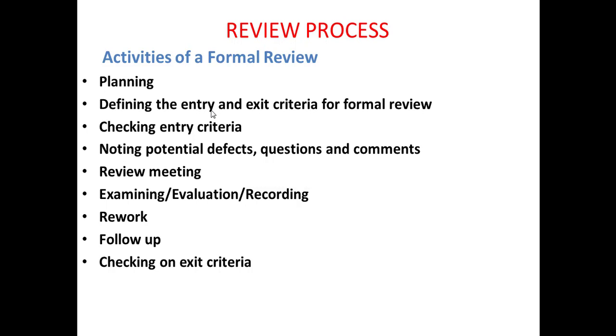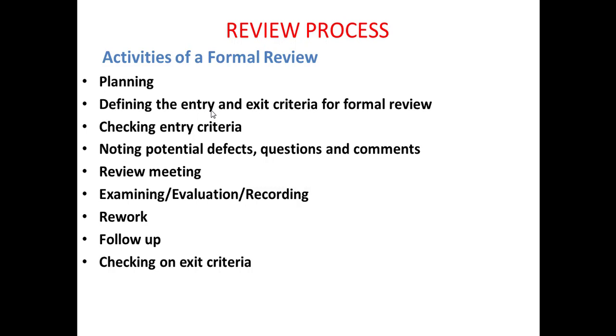Now there can be a number of examples. For example, you may consider that reviews will be started once 60% of the designing part is done, or once the requirements are understood. Probably you will have different exit criteria.